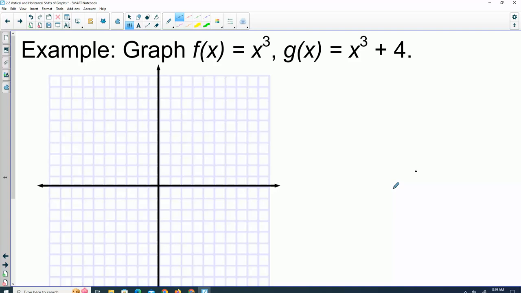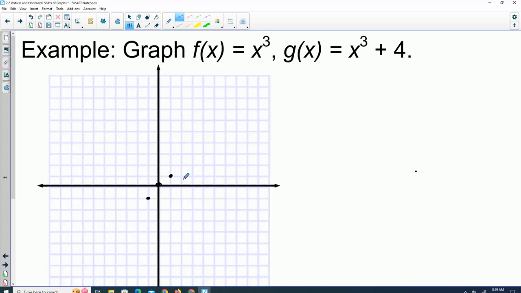So if I'm graphing x cubed, minimum of 3 exact points, how do we get those exact points? T-chart. Yep, just plug them in. I don't care if you don't want to write down your t-chart, but you have to be able to think through it. So if I put in 0, 0 to the third is 0, 1 to the third, negative 1 to the third.